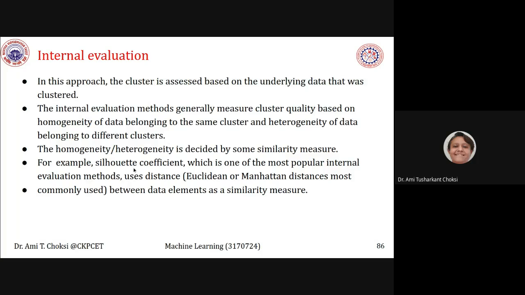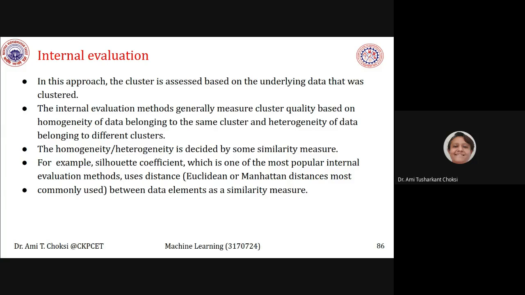So what are others? For example, Silhouette coefficient, which is one of the most popular internal evaluation methods, uses distance like Euclidean distance, Manhattan distance. What is Euclidean distance? That we are learning since our 12th, right?